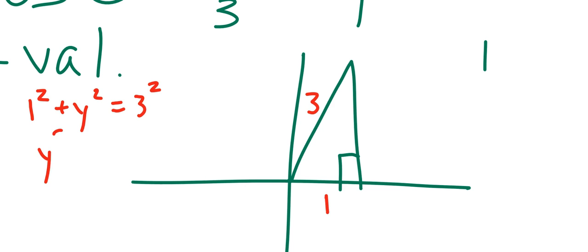So y squared was equal to 8. Or you could put 2 radical 2 if that makes you feel better. Is it positive radical 8 or negative radical 8? Good. Positive radical 8 because the picture shows me that the y value is going up.